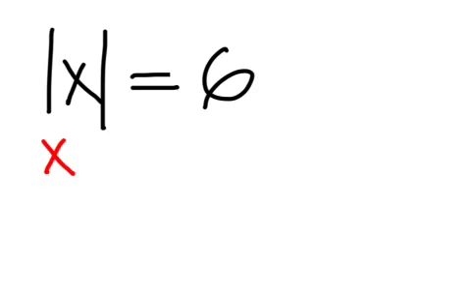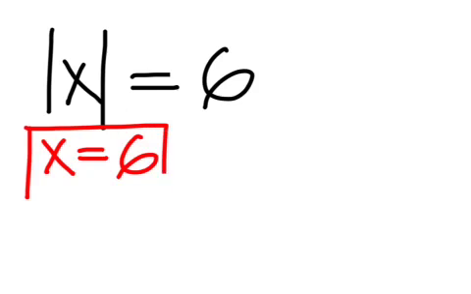Absolute value of x equals 6. To solve this equation, I have to set it up as two different equations. The first one is exactly how it appears, except without the absolute value brackets. It's just x equals 6. And that just so happens to be your first answer.